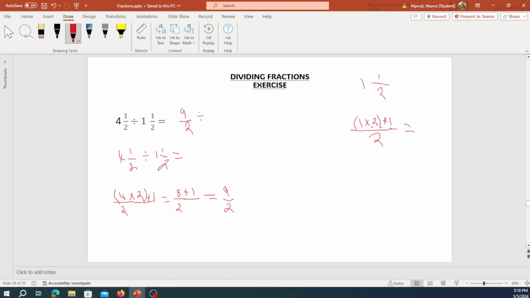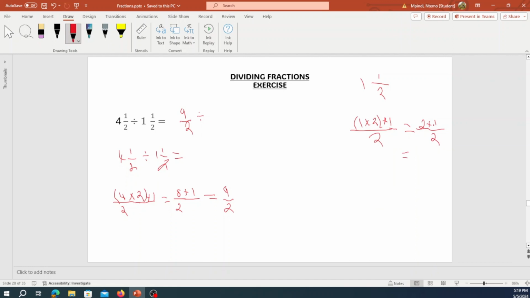So 1 times 2 equal what? 2. Okay, so 1 times 2 equal 2 plus this 1, and don't forget this 2 on the bottom, equal.